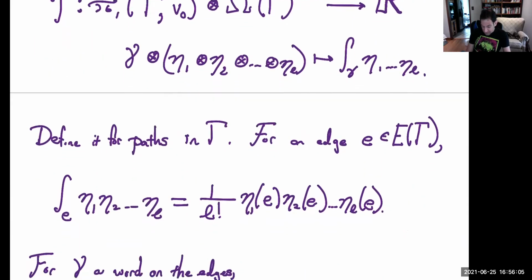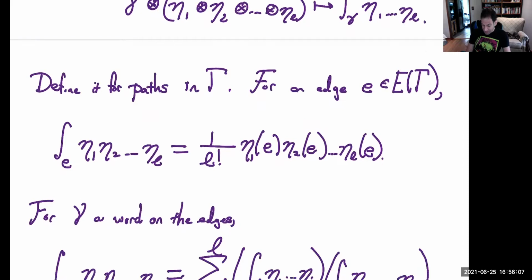And I'm going to define it for paths in my graph. I wrote it down for combinatorial graphs, so I think I need a length term.